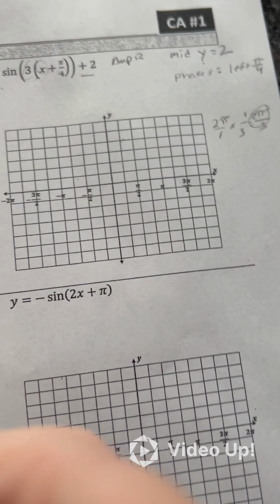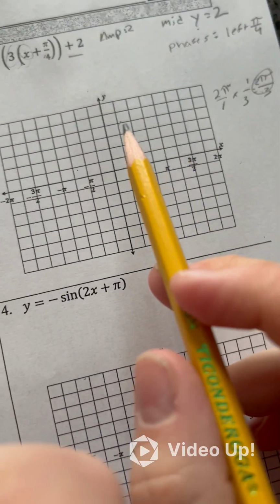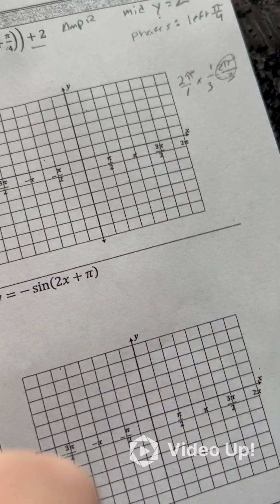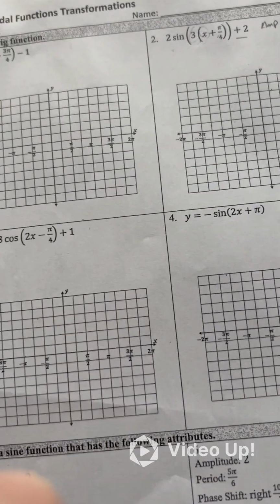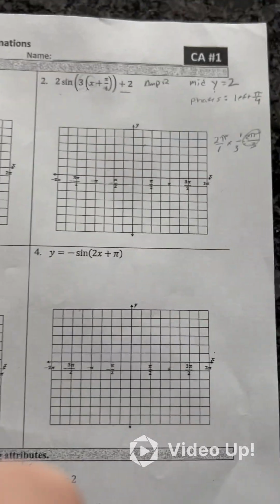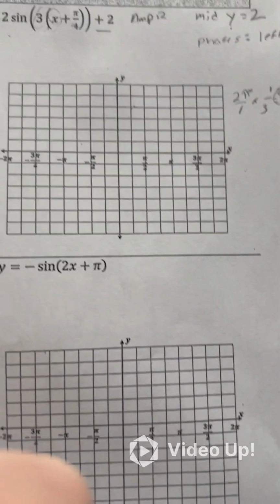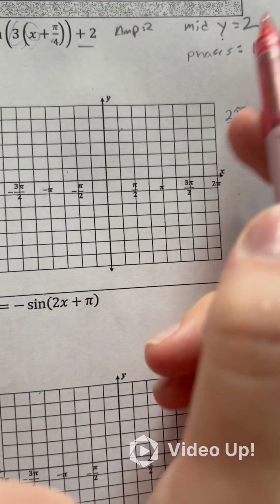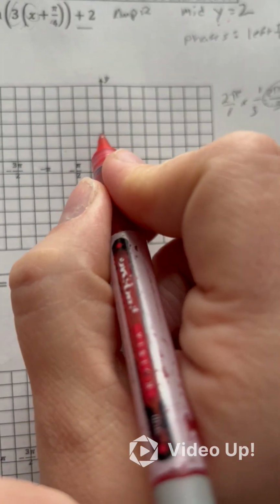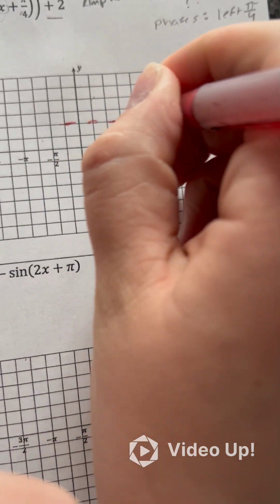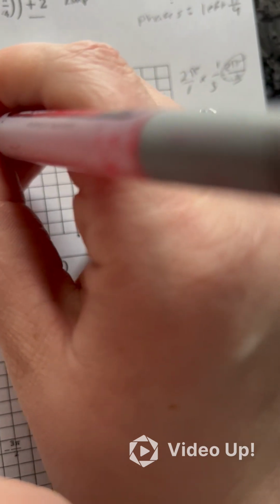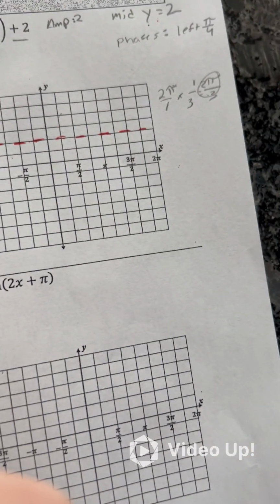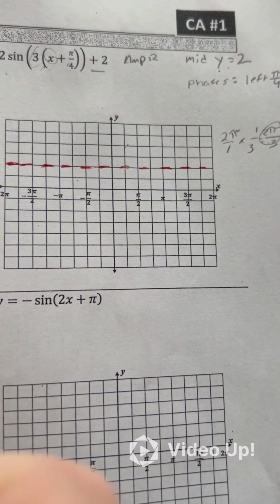So let's get started. So this is our sine graph, right? So it usually starts at 0, but our new midline is y equals 2, right? So this is our midline. That's a new midline, right?